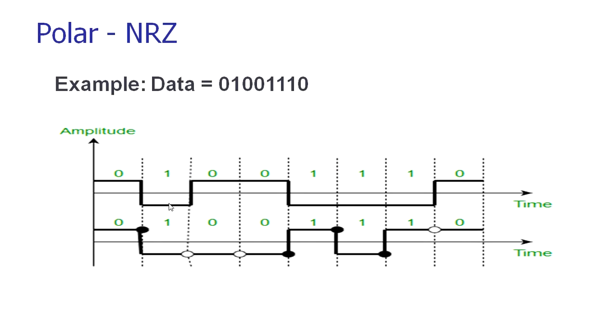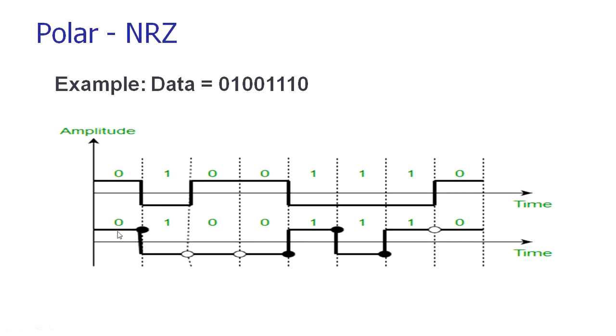Here is another example for non-return to 0. The positive y-axis stays at 0. Now there is a transition from 0 to 1, so it goes to the negative y-axis. It stays in the negative y-axis when there is a 0. The dark dot indicates that there is a transition and a hollow dot indicates that there is no transition.